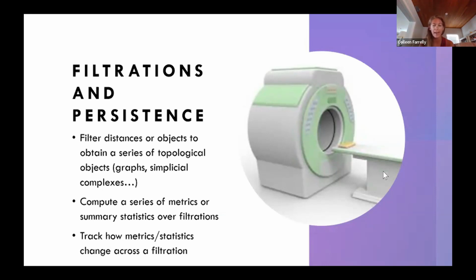So this doesn't have to be homology. It can be summary statistics or some other metric that we're looking at. And as we change these distances and compute these metrics, we can track how this changes across the full filtration of the data. It's a lot like an MRI of our data, looking at different slices and looking at what exists within each of those slices.